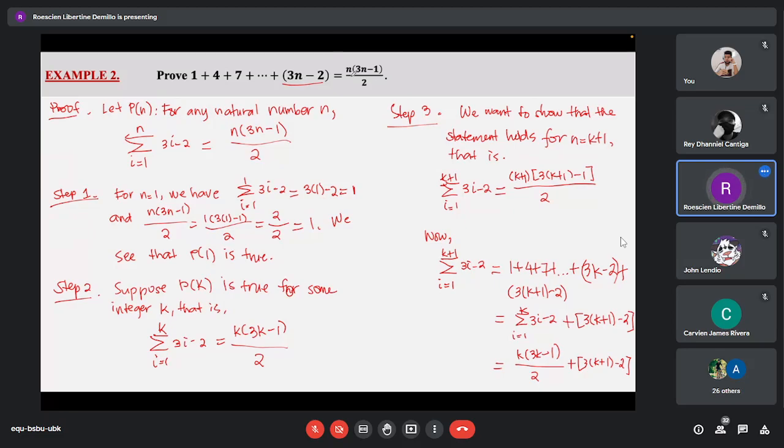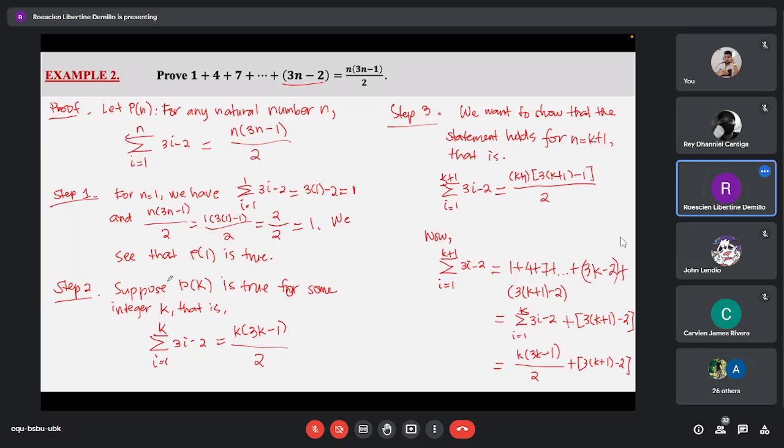And then step 1 is we substituted both left and right side with 1 because we're trying to show that for n equals 1, equal ang left side ug right side. Now, since we're able to show it's equal to each other, then we can say that P1 is true. Now, step 2, we suppose that Pk is true for some integer k. So, atong i-suppose class nga, tinuod po siya if atong n kay equal ra pod ni k.